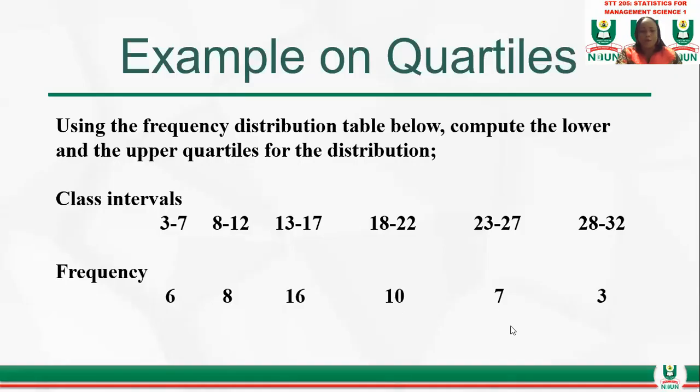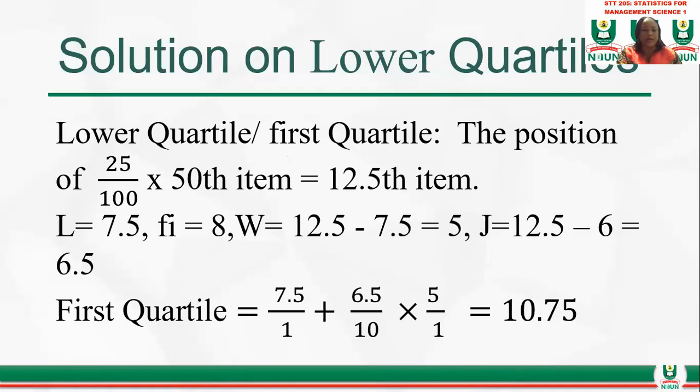Okay, let me go ahead and share, maybe give you an example how you do the upper. Let me take one of them. Let me solve for the lower quartiles as you solve for the upper quartiles, please. For the lower quartiles, using the value, this is what you have.